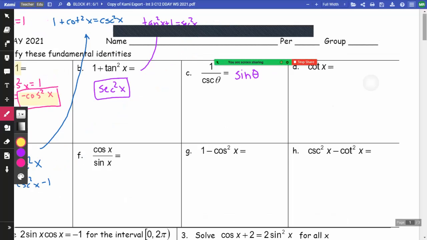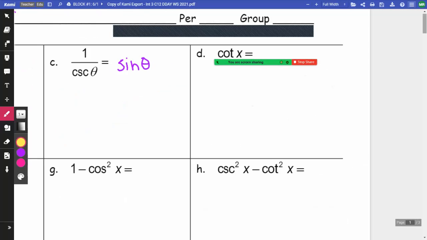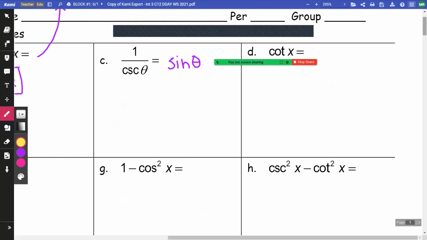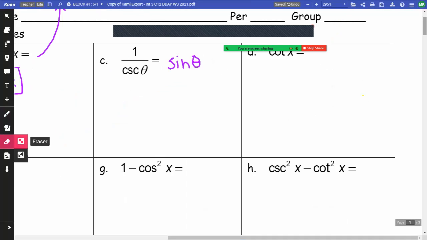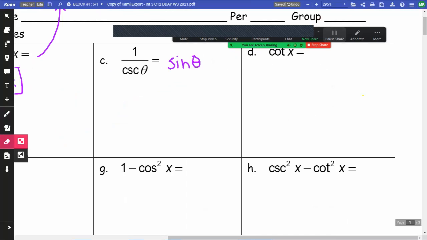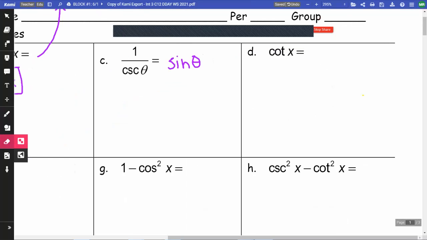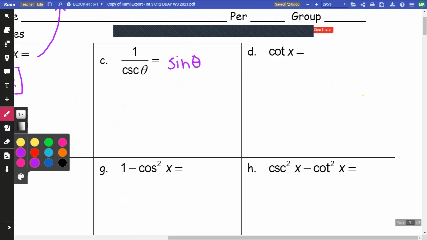Oh, and I guess I skipped letter D. I'm sorry. I zoomed in too much. Okay. So on letter D, cotangent x, couple of ways you could write it.